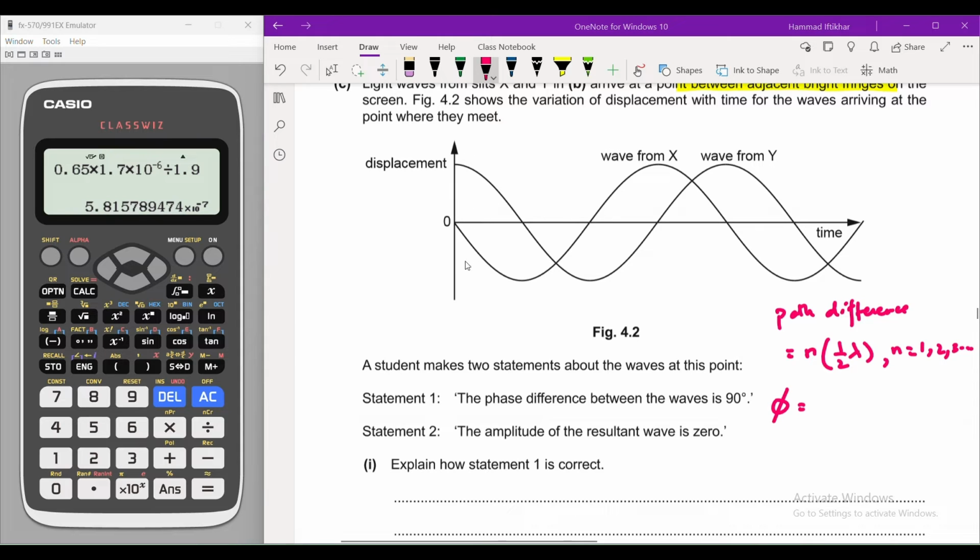However, let's look at the diagram over here. At time equal to 0, one of the waves, the wave from X, is at 0, and the wave from Y is at the maximum point. If we look at the sinusoidal waveforms, one is starting from 0, the other is starting from the maximum point.